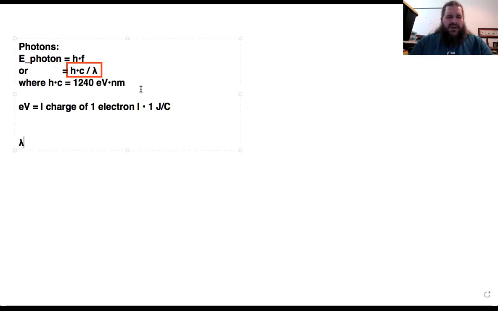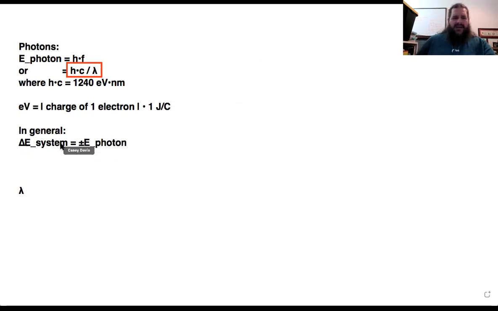And also the general idea that the delta energy of some system equals plus or minus the energy of 1 photon. So that's going to be plus if the system is absorbing the photon or minus if the system is emitting the photon. But the energy of the photon is always hc over lambda.